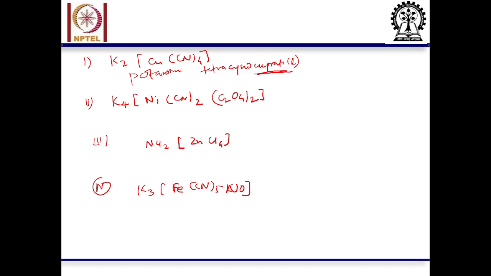Because it is an anionic coordination sphere, if it is copper we have to add cuprate, like other compounds. So I have already written, you just write, then I will discuss one by one. The second compound is K4[Ni(CN)2(C2O4)2].